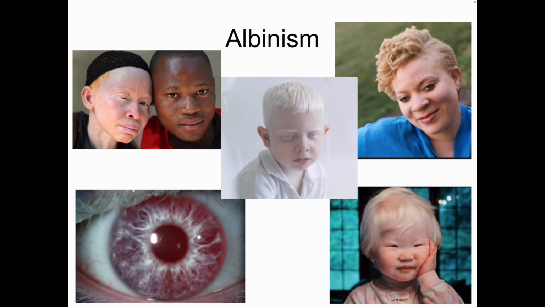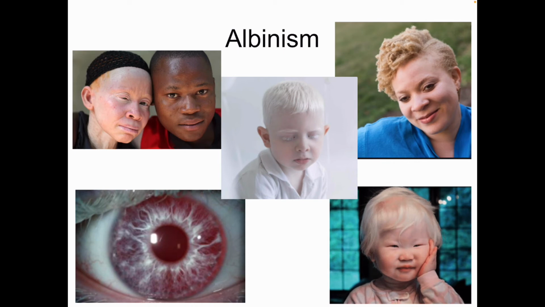Okay, now we have different skin colours and different eye colours because of different amounts of a pigment called melanin. The more melanin you have, then the darker your skin and your hair and your eyes will be. People with albinism carry mutated versions of the allele for melanin, which means that melanin is not produced.